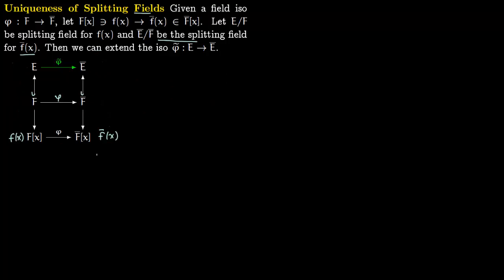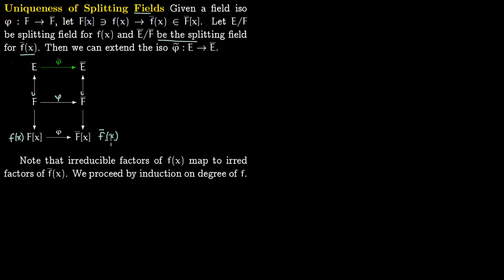So first notice that this polynomial f of x gets mapped to f bar of x. Basically just the coefficients are changing. So if the coefficient here is something, say a1 x, this gets mapped to say something like a1 bar x here. So first thing is that irreducible factors of f of x map to irreducible factors of f bar of x.